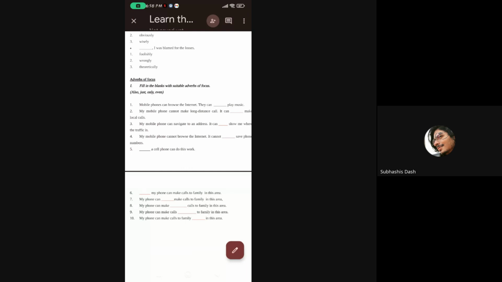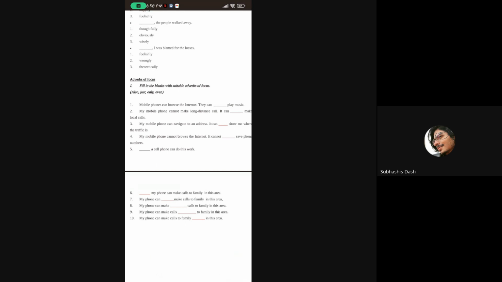Now, based on their functions, you can classify them into a few categories. Like, for example, you have adverbs of focus that help you show surprise, right? There are adverbs of focus that help you show limitation, right? When you want to show something is limiting something else, in such cases, you can use adverbs of focus.